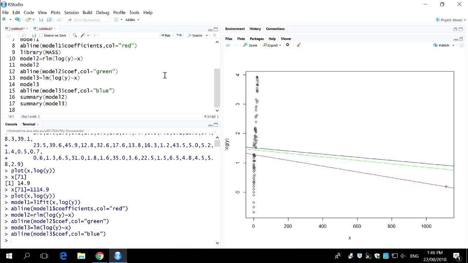Now, one of the things you'll have noticed is that L1 fit copes well with outliers. It more or less ignores them. RLM ignores them too, pretty much. Least squares kind of gets dragged. Influential points, none of them work.